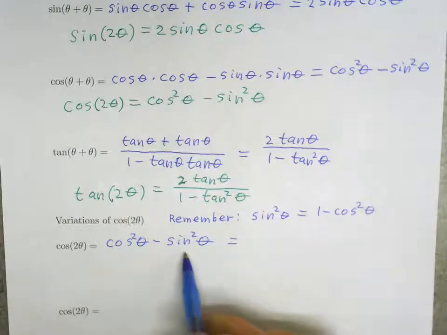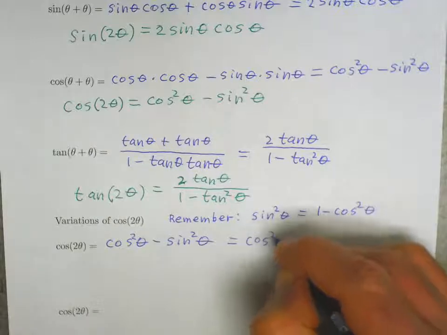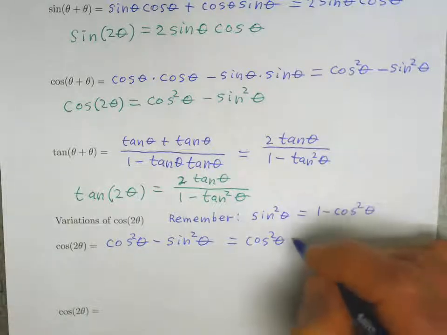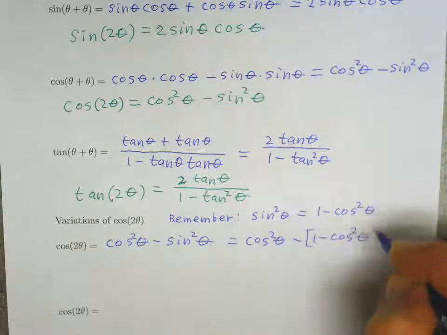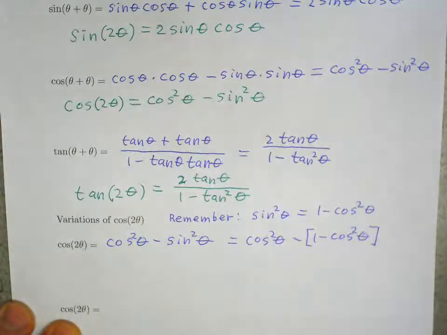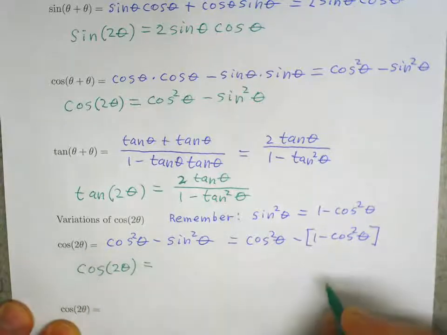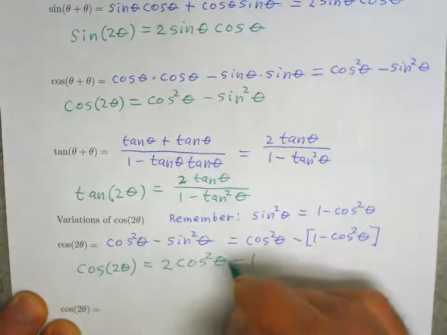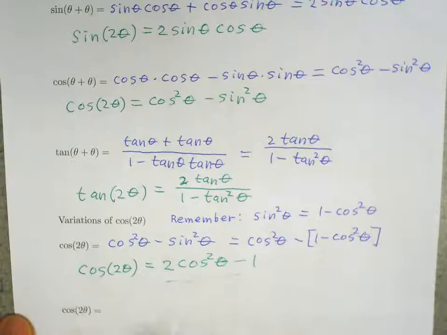So we can replace sine of theta squared with 1 minus cosine of theta squared to get an equivalent identity, but just in a different form. So cosine of theta squared minus the quantity 1 minus cosine of theta squared. And then when we do the arithmetic, we get cosine of 2 theta equals 2 cosine of theta squared minus 1. This is what we get when we simplify this. So this is one of the variations.